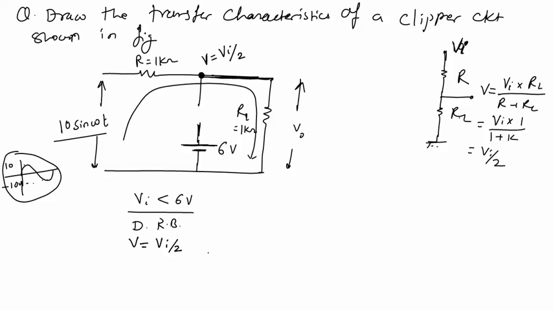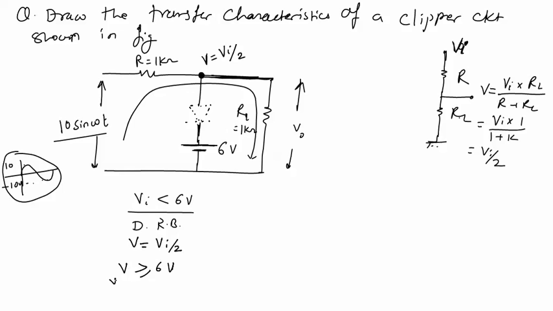Now we know that the diode in this circuit can be forward biased if this voltage V is greater than 6 volt. So if V is greater than or equal to 6 volt, then only the diode can be forward biased.